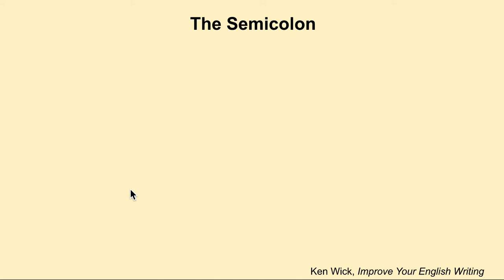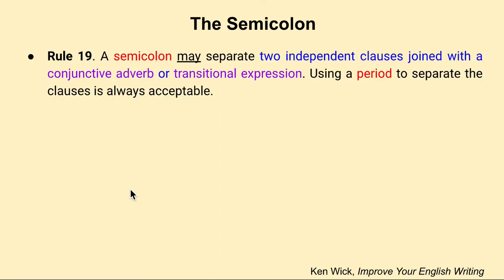Let's move on to rule number 19. A semicolon may, remember I'm underlining may, separate two independent clauses joined with a conjunctive adverb or transitional expression. Using a period to separate the clauses is always acceptable.